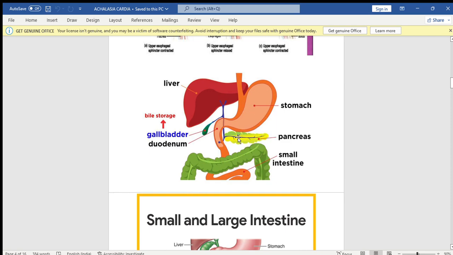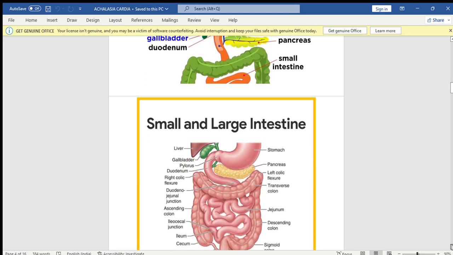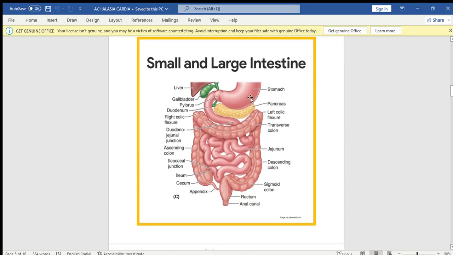Here you have your pancreas, the liver, here is your gallbladder, here is your duodenum and the intestines. A much clearer picture to help you understand. The food comes here into the stomach, goes all the way into the duodenum, right? Just follow this track. The twists and turns that are happening, then jejunum and into the ileum.